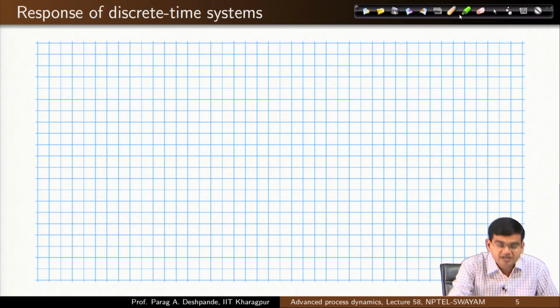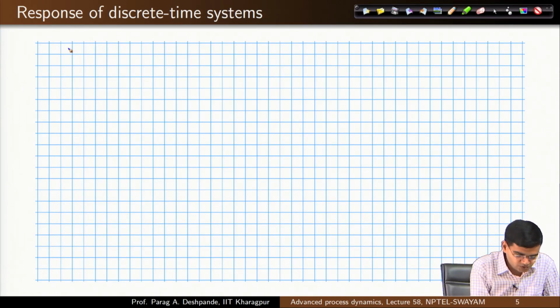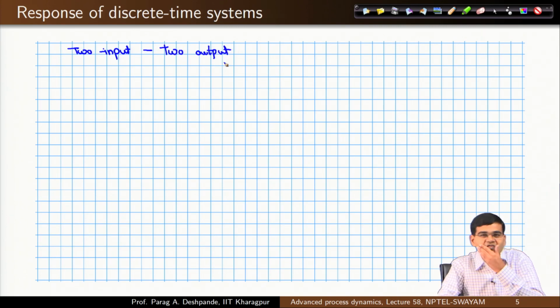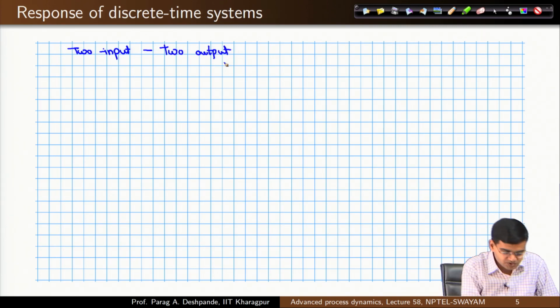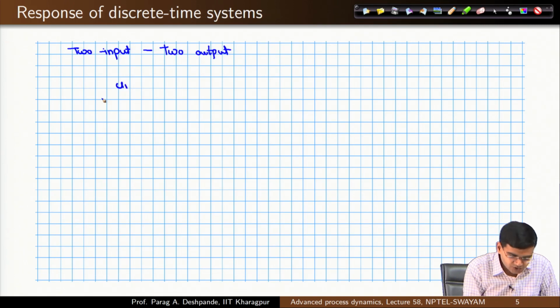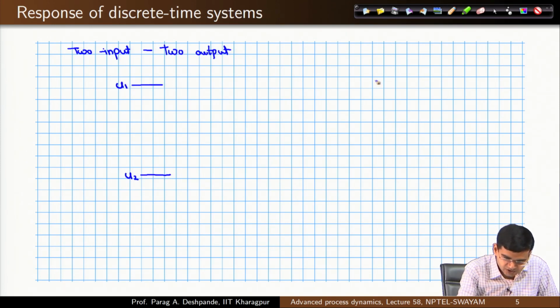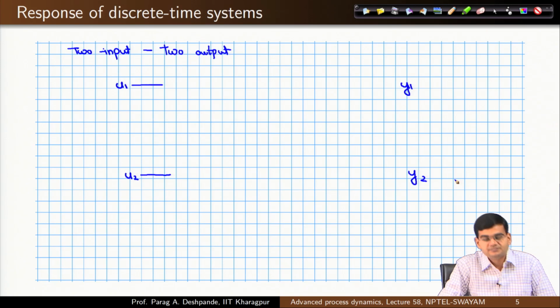For that, let us make, for a 2 input 2 output system, a block diagram. So, you have input 1, u 1, and input 2, u 2, they go to the system, and you have the ultimate output y 1 and the ultimate output y 2 from the system, right.